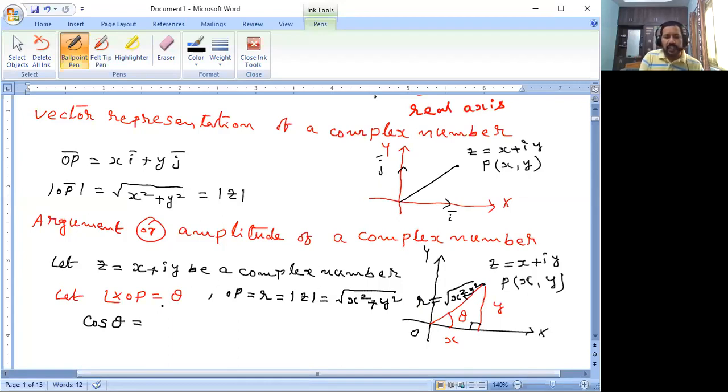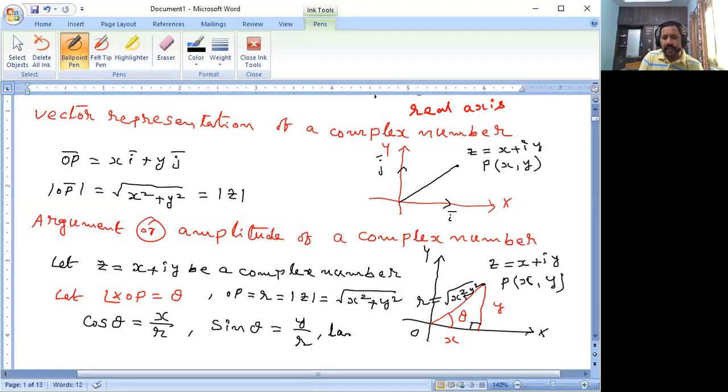What is cos theta here? x by r. And what is sin theta? Sin theta is equal to y by r. Then what is tan theta? Tan theta, we know very well, is sin theta divided by cos theta.